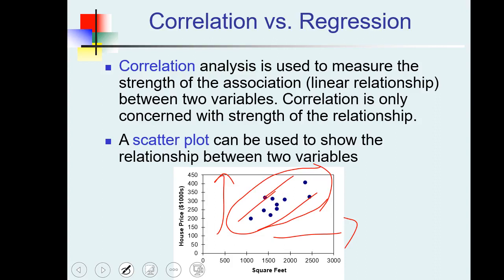Now we have used a scatter plot, and we can use a scatter plot as a first check about the relationship between two variables.